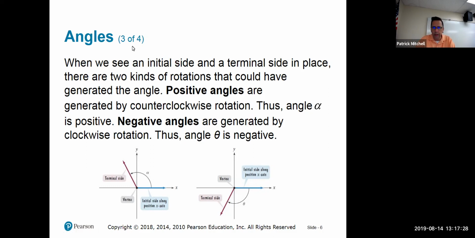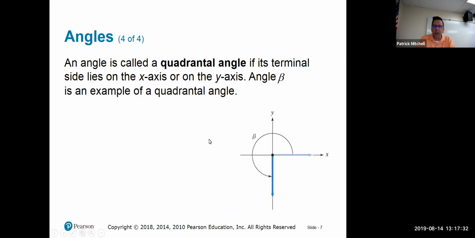Okay. And then to wrap up the vocabulary, quadrantal angles are angles whose terminal side lie along either the x-axis or the y-axis. So just a sneak preview, quadrantal angles are multiples of 90 degrees. Okay.